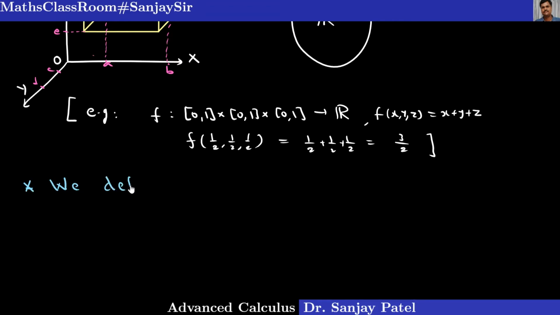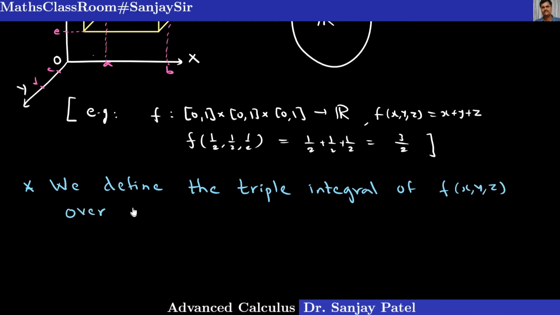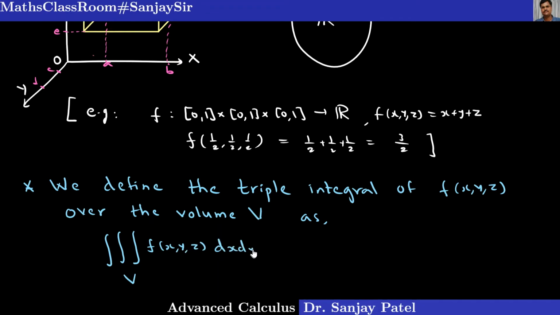We define the triple integral of the function f of x comma y comma z over the volume V as the triple integral, with three integral signs, over the volume V of the function f of x comma y comma z dV, or you can say dx dy dz.